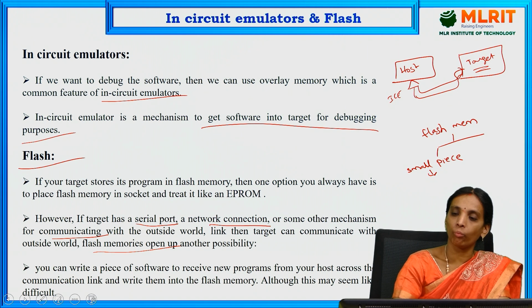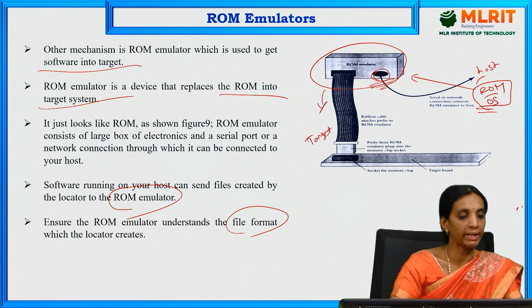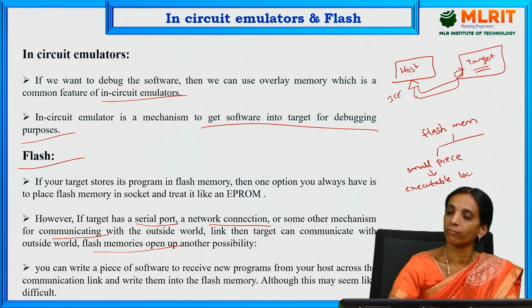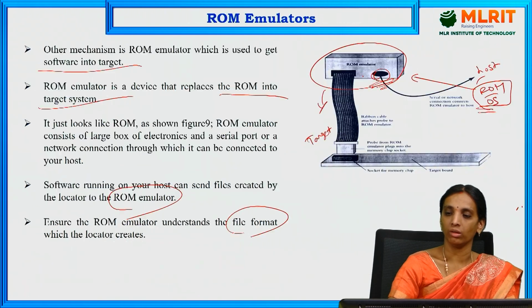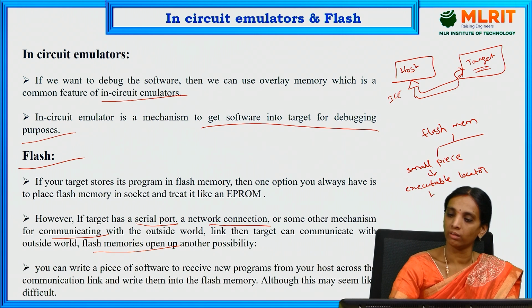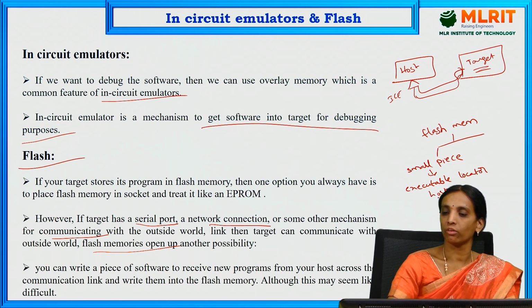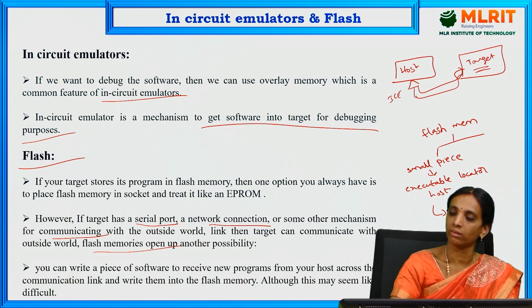Therefore, whatever executable file we developed with the locator, from the host machine, that executable file will simply move to this flash memory, and it is loaded from the flash memory to the target machine.